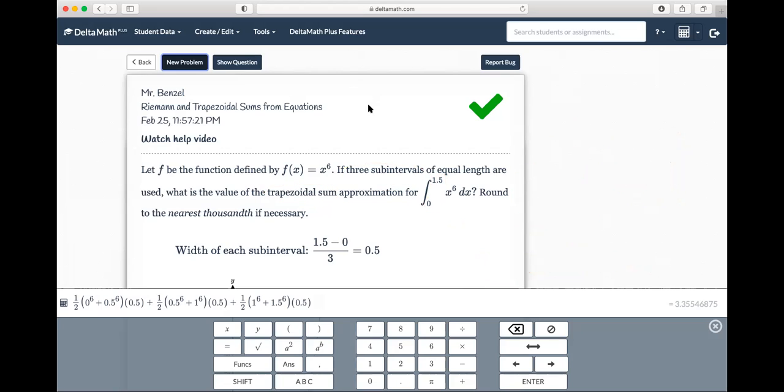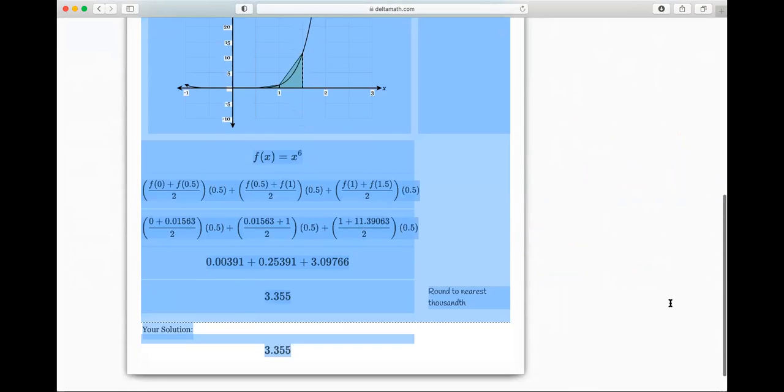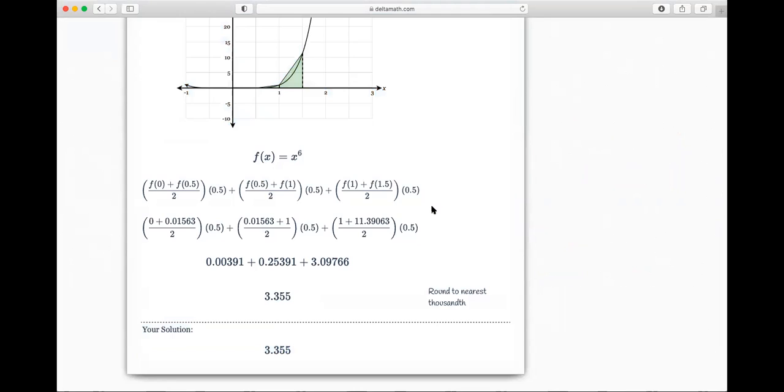So once you get that function notation, then you can just let the Delta Math calculator take care of itself. And what is nice about the Delta Math solution is it does show you the function notation. It also shows you even what happens when you plug it into the function.